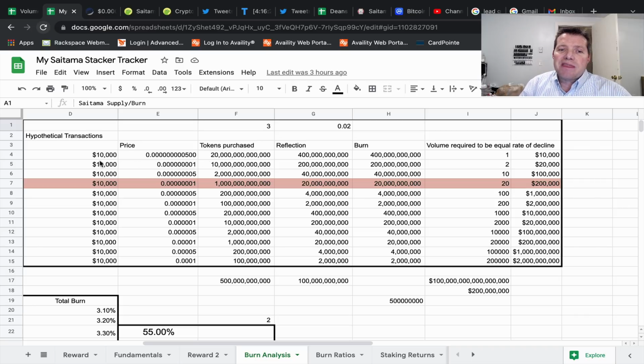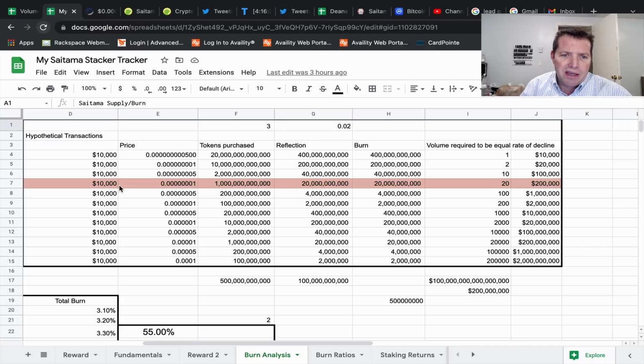If we spent $10,000, we would be buying 20 trillion. And because there's 2% burn and 2% reflection, the amount that would be getting burned or in reflections would be 400 billion.